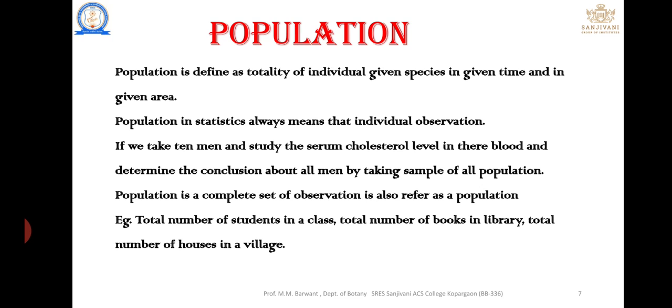A complete set of observations is referred to as a population. The total number of students in a class is one type of population. The total number of books in a library is one type of population. The total number of houses in a village is one type of population.